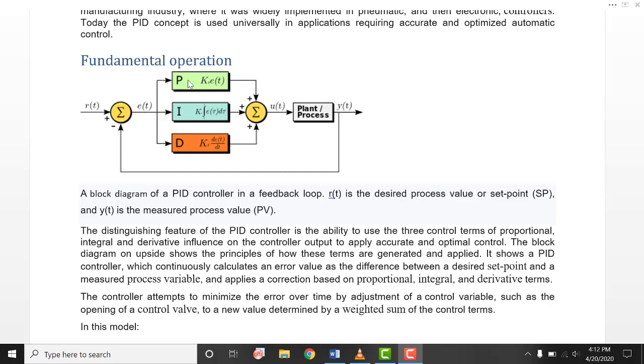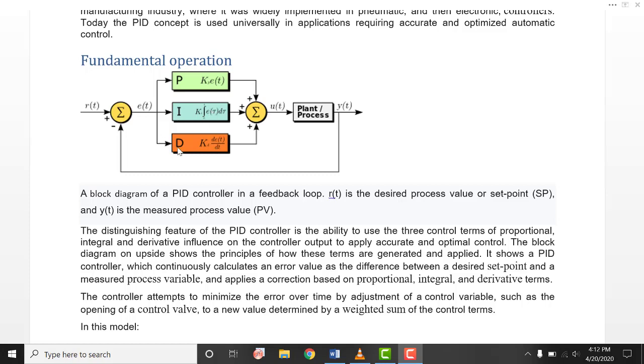So this error will first be processed through the proportional value by multiplying with this coefficient factor, which stands for Kp. Kp is the proportional constant factor. It will multiply with this error value, then it will go to the integral value, where it will be further processed through integration, and it will reduce the error.